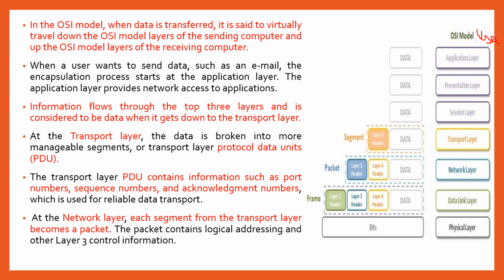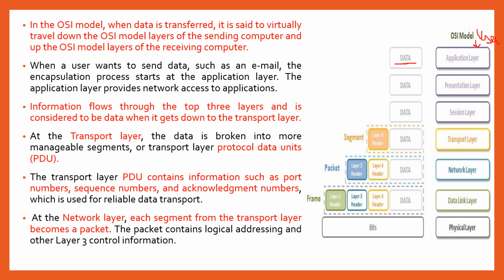The user will interact with the network services that are provided in the application layer. Suppose he wants to send an email, so this will be the email data, right? This email data will be sent next to the presentation layer.